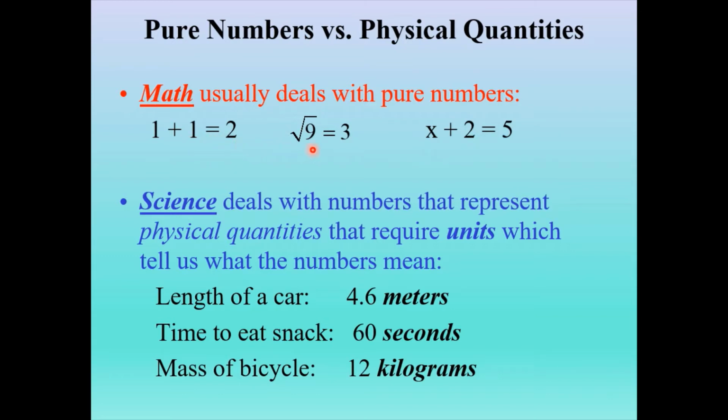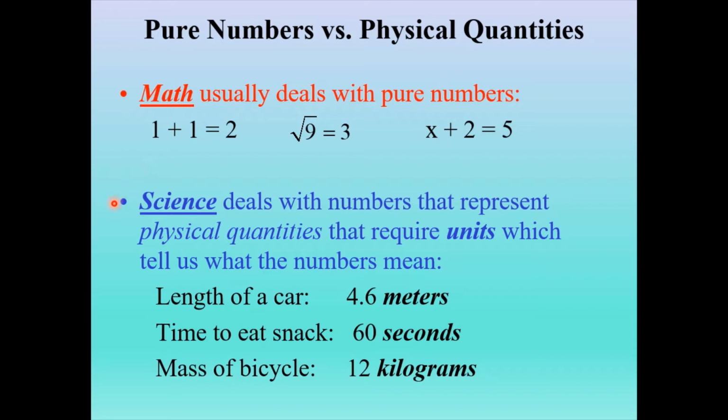The square root of 9 is equal to 3. This is another relationship between numbers. Or maybe we have an algebraic expression like x plus 2 equals 5, where we have to solve for x, and we find that x is equal to 3. But again, these numbers don't necessarily represent anything. They are just pure numbers.